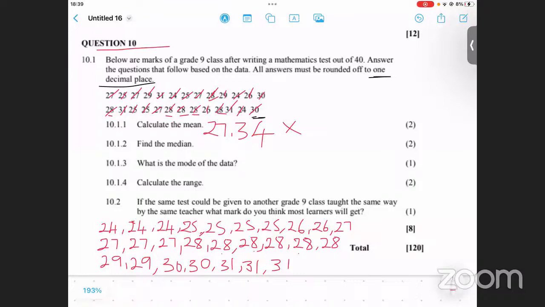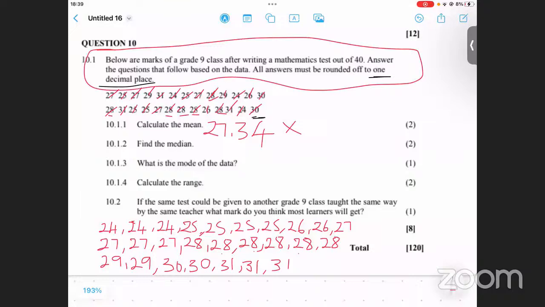What do you see here? Nyaki, what do you see here? A useful piece of information there. Ma'am, they asked us to round the answer off to 1 decimal place. All the answers, or specific answers? Ma'am, all the answers.